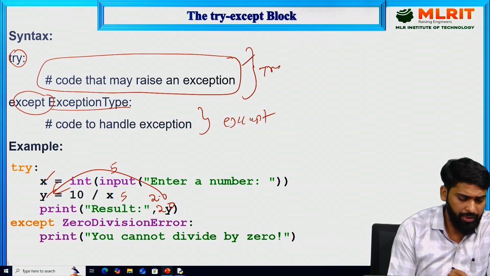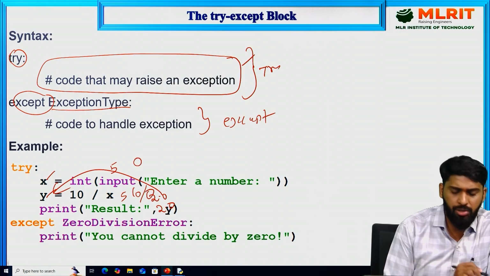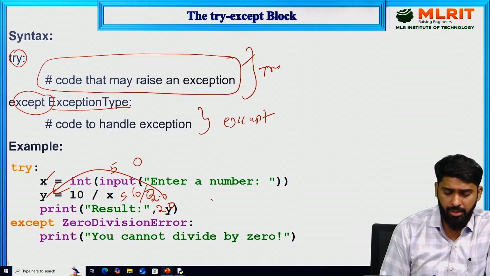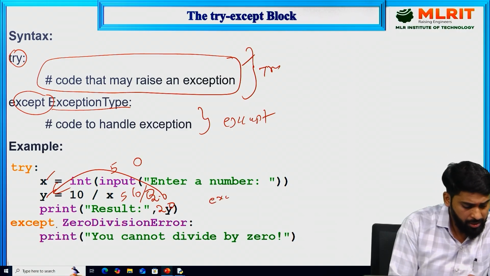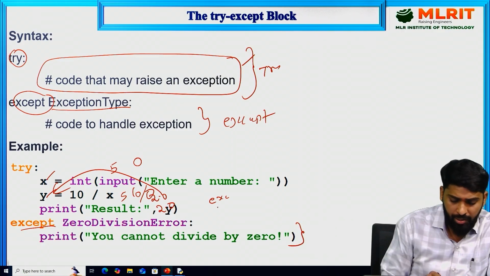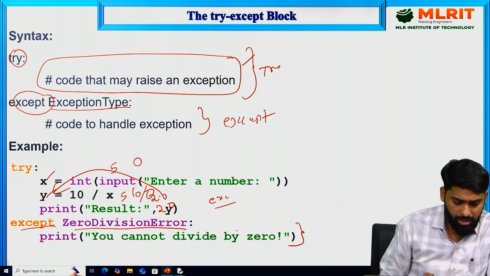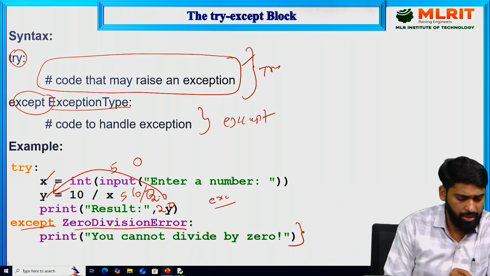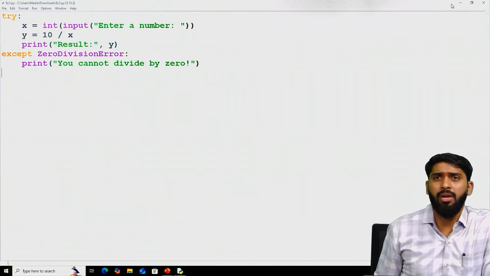But if I enter 0, then 10 by 0 raises an exception, which is handled by this except block. What is the error here? ZeroDivisionError. This except block handles it and prints, you cannot divide by 0. This is the simple try except block.